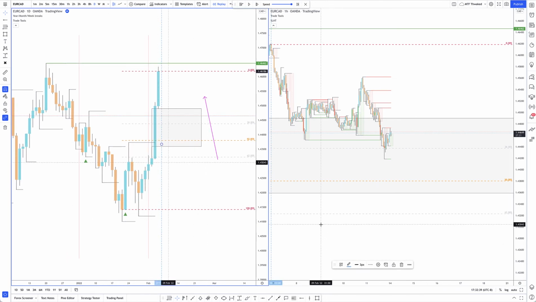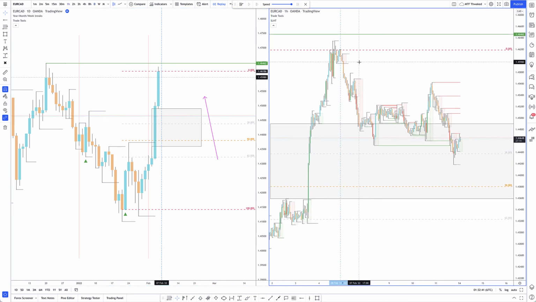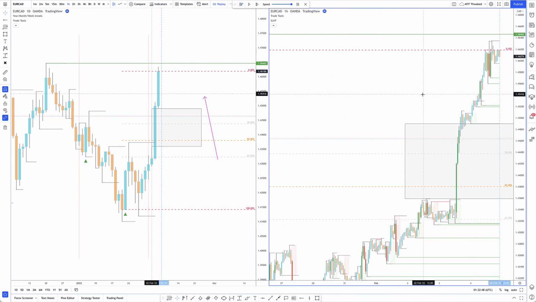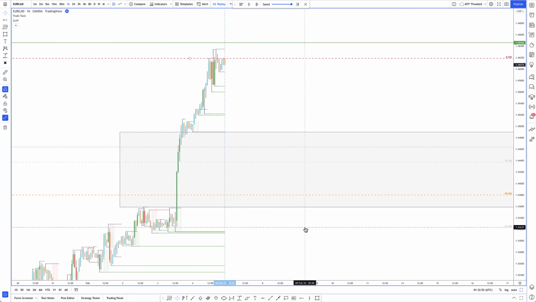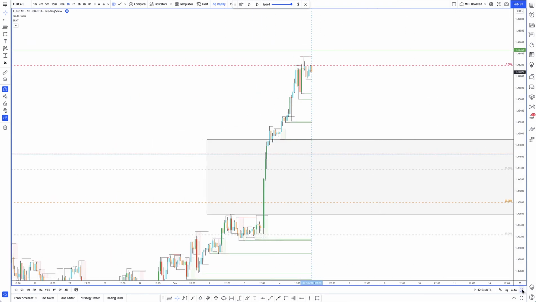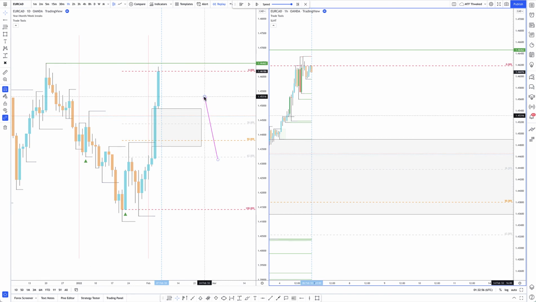So let's go to this time in lower time frame, this is again the 1 hour, when the day would have started, when the fair value gap was formed over here.